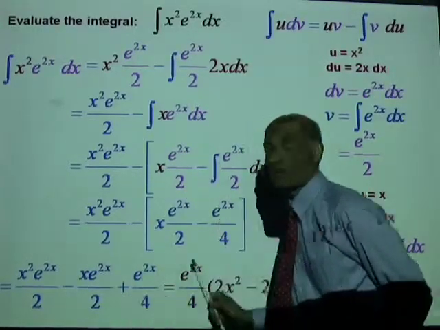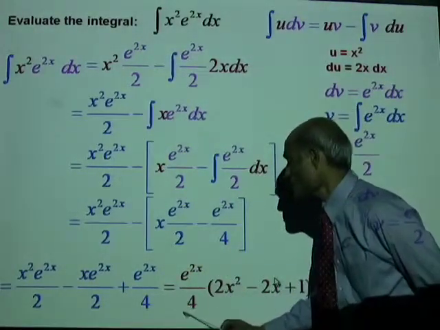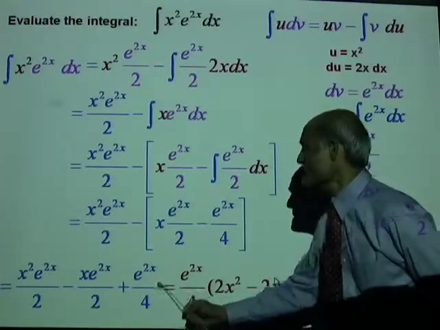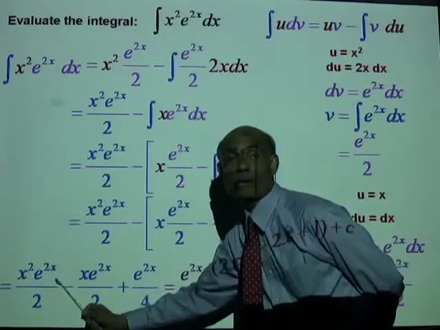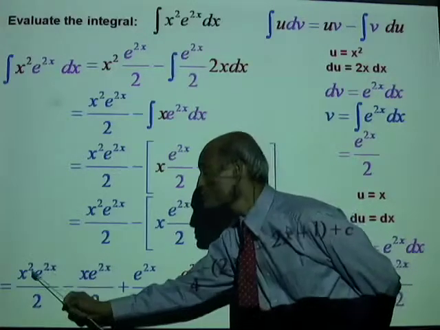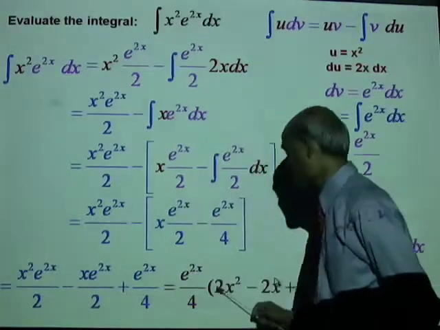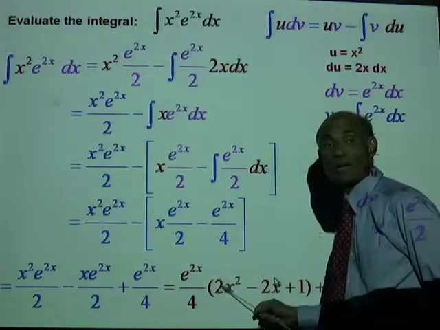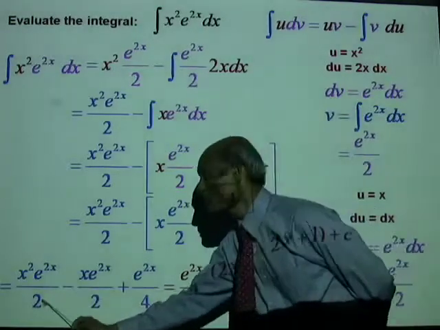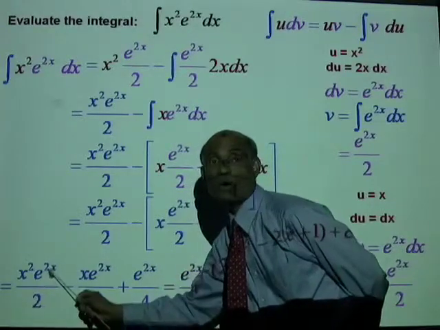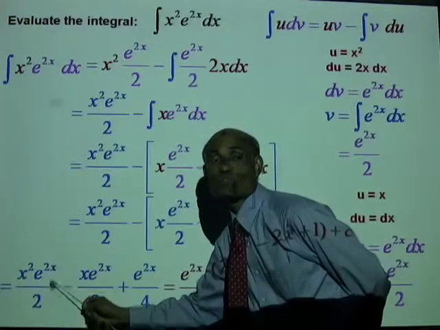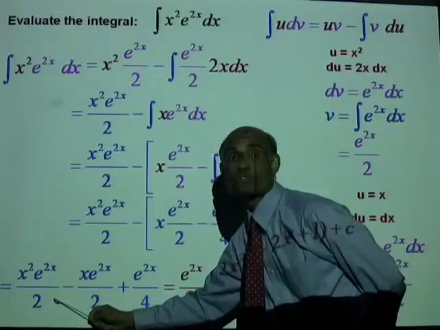So when you take 4 as the common denominator, the numerator in these two cases will multiply by 2. If e to the power of 2x over 4 is taken out as a common factor, what is left in the first term? The first term will be 2 x squared. Where did that 2 come from? Because we factored out a 4 from here. That can be done only if you multiply numerator and denominator by 2.